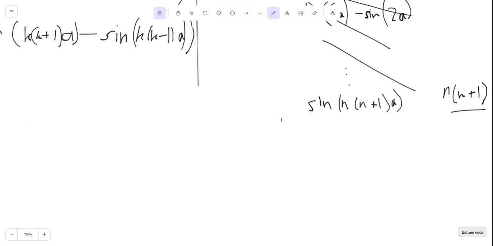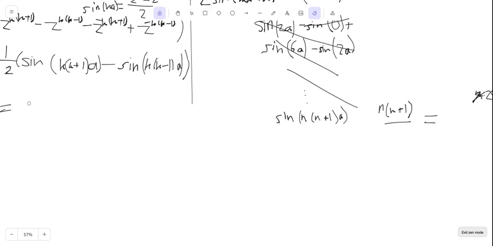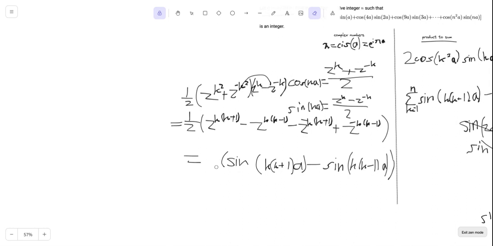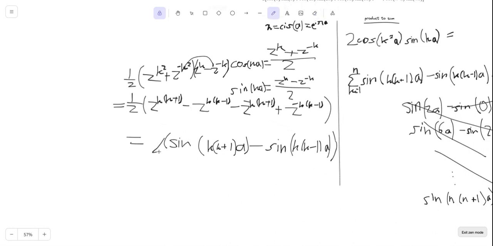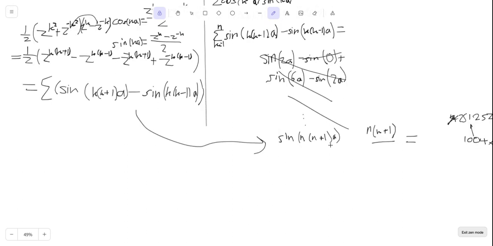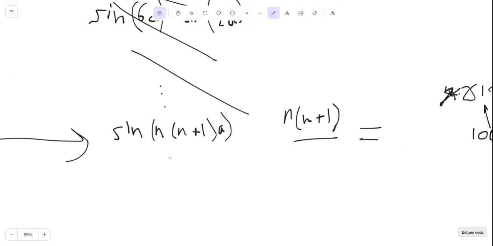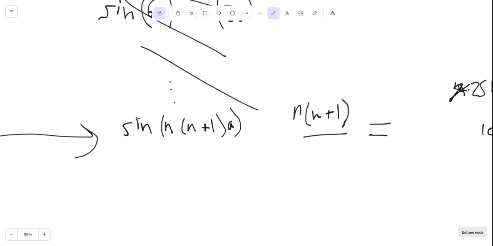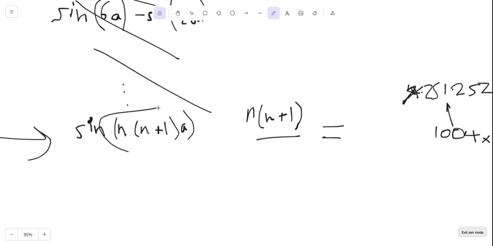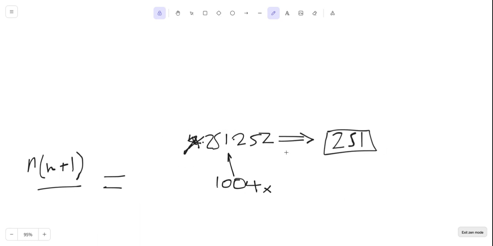And by the way, every term is multiplied by 2, so that 1/2 cancels out, and this is a sum because it's of every term. So if you follow the method over here, then you get that this angle must be a multiple of 90 degrees. It can't be of 30 degrees, otherwise this won't be an integer, but it must be. Okay, so now you would get the divisibility thing and realize the smallest n which satisfies this is 251.